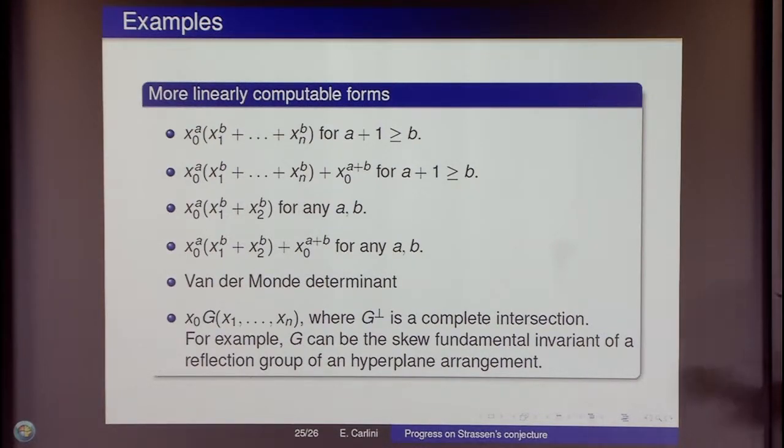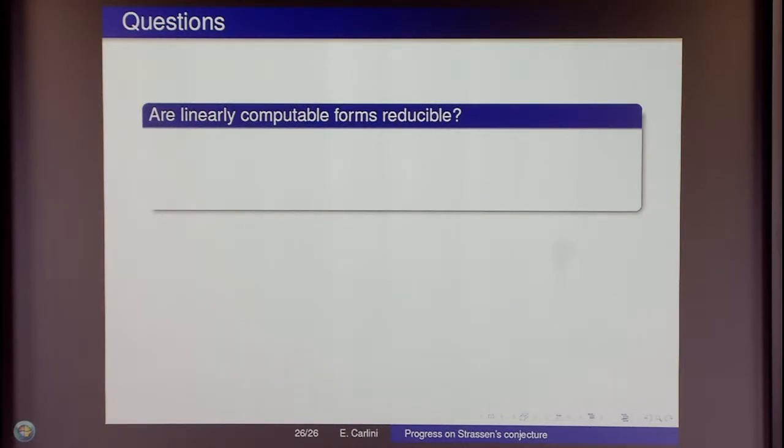And so, for example, families of G such that it is a complete intersection, I think they are the fundamental invariants of reflection groups or hyperplane arrangements. So there is a big family of polynomials which you can use to construct examples by multiplication. Okay, and after this, there are several questions.